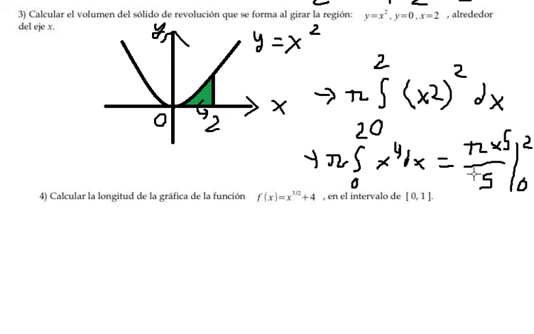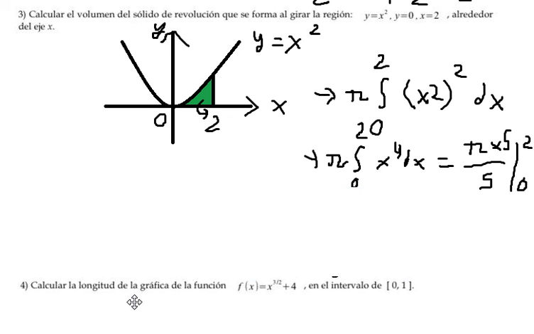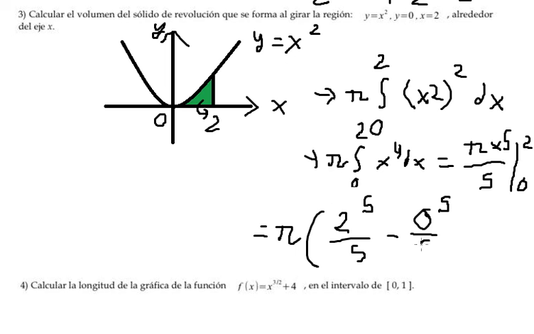We calculate this one: 2 to the power of 5 over 5 minus 0 to the power of 5 over 5. And we got the final answer, 32π over 5.